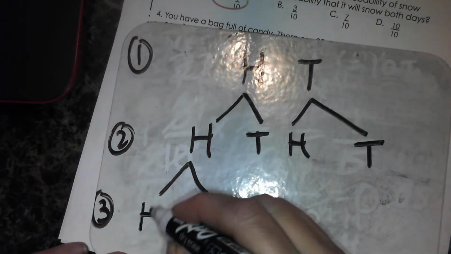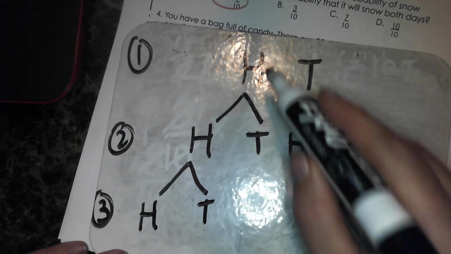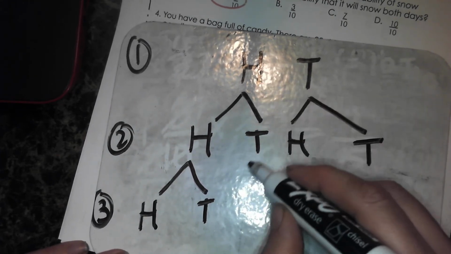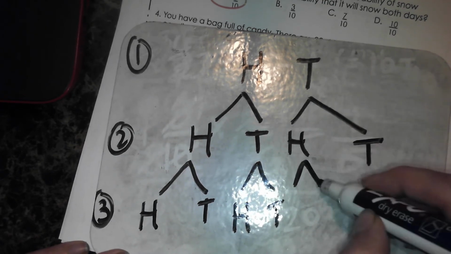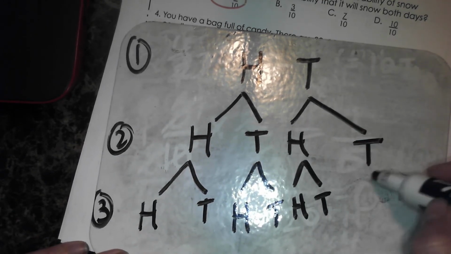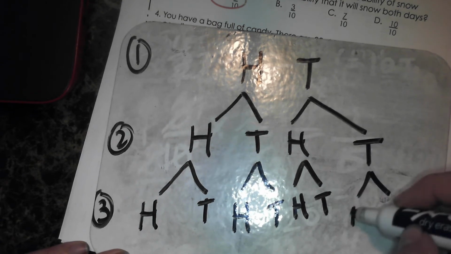All right, and then we're rolling it 3 times. This is a tree diagram here. If you did heads, then heads, it could have been heads and tails. And then heads, then tails, it could be heads and tails this time. Tails, then heads, we could have heads, then tails. And then tails, tails, heads, and tails.